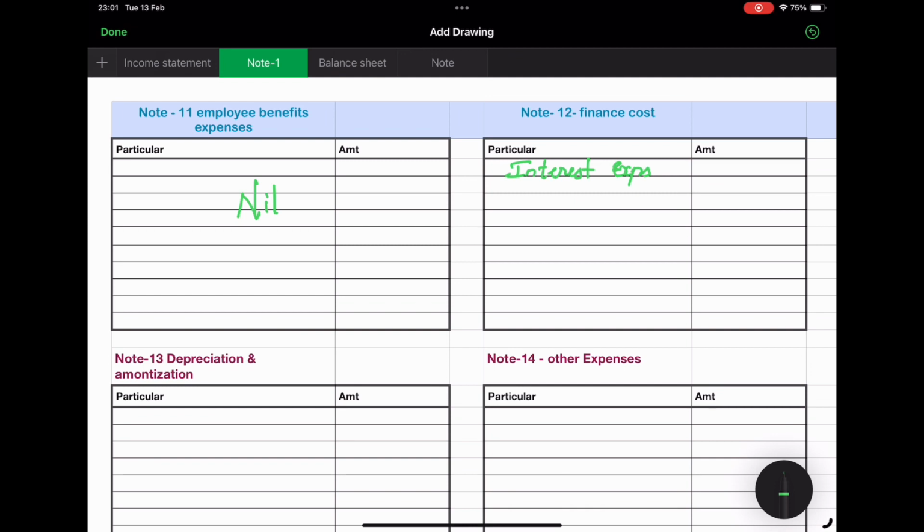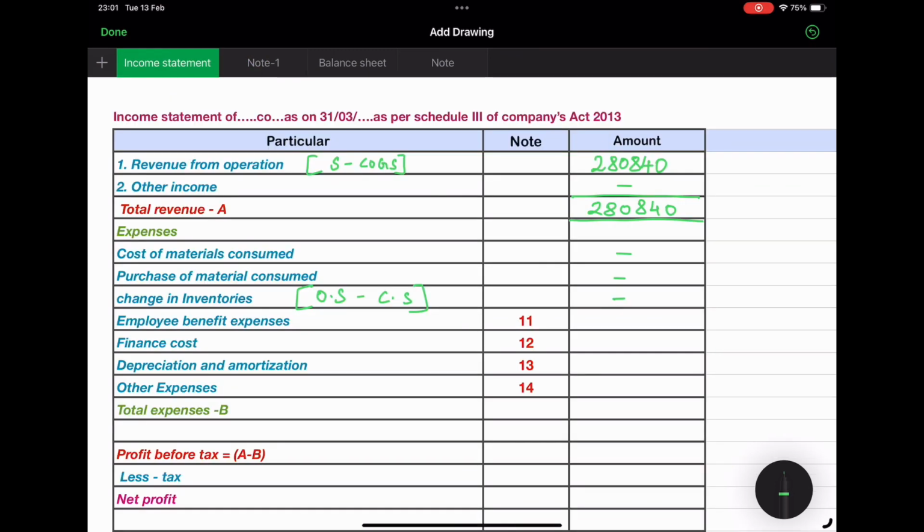The amount is 9,400 and the total will be the same, 9,400. Here you can write finance cost 9,400. So depreciation and amortization they have not given.